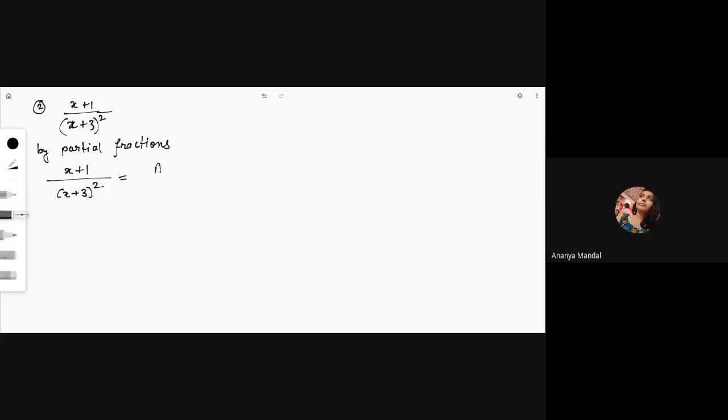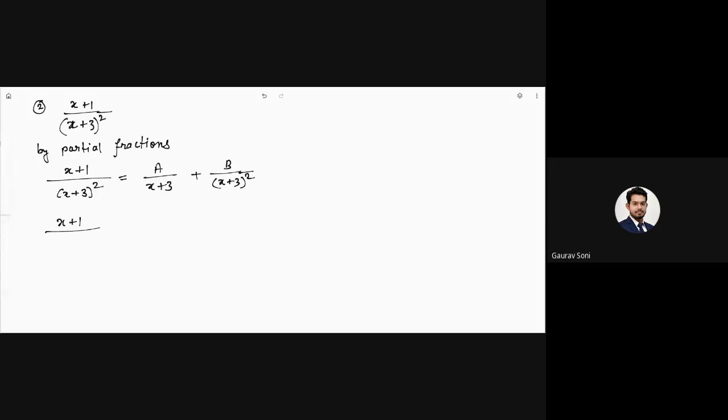A upon x plus 3 plus b upon x plus 3 square. Yes, we have this. So what we do is cross multiplication. When we do the cross multiplication, we will have x plus 1 equal to a into x plus 3 plus b, upon x plus 3 square.